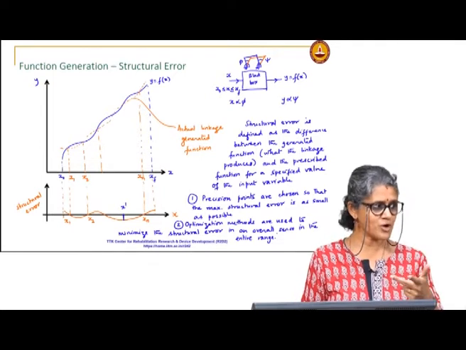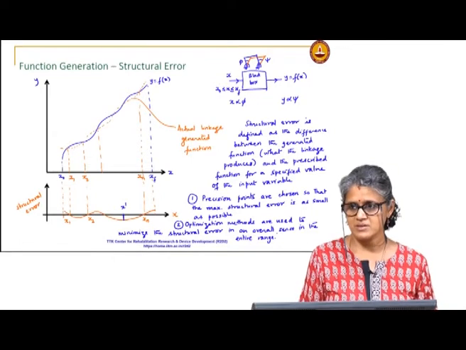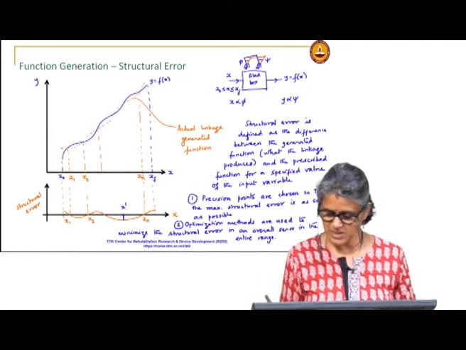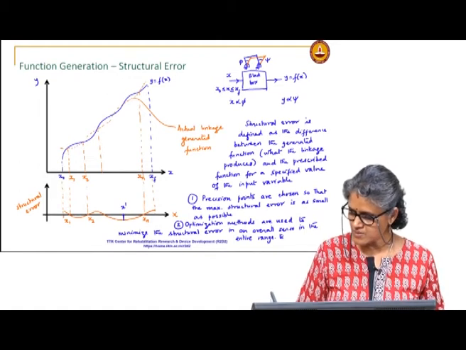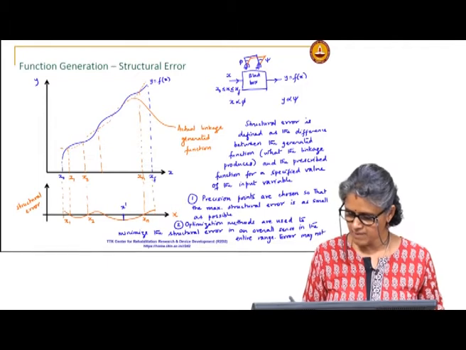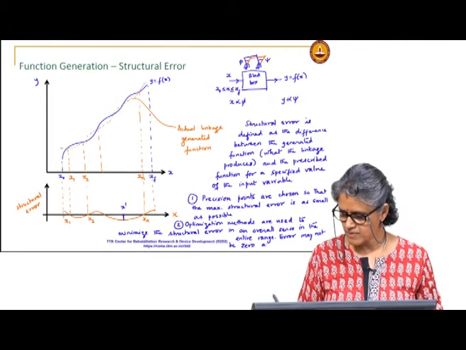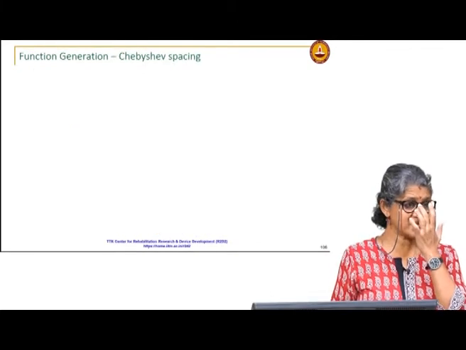In the precision point approach, you have 0 error at specified points, but the error at other places may be higher.